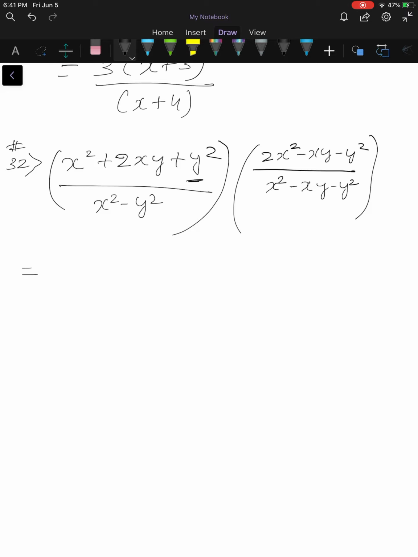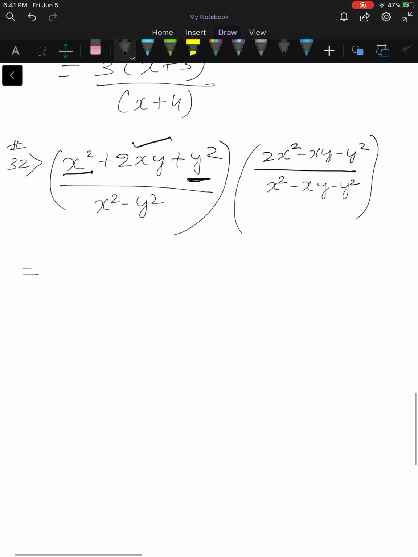Now if you consider this term, here you can see x square and y square are perfect squares. If you consider a to be x and b to be y, can you express the middle term as 2ab? Of course you can. It is nothing but 2xy. So you can apply again the a plus b whole square formula.